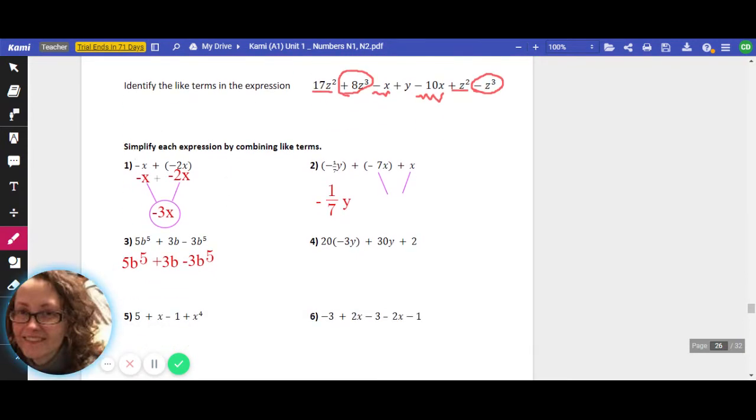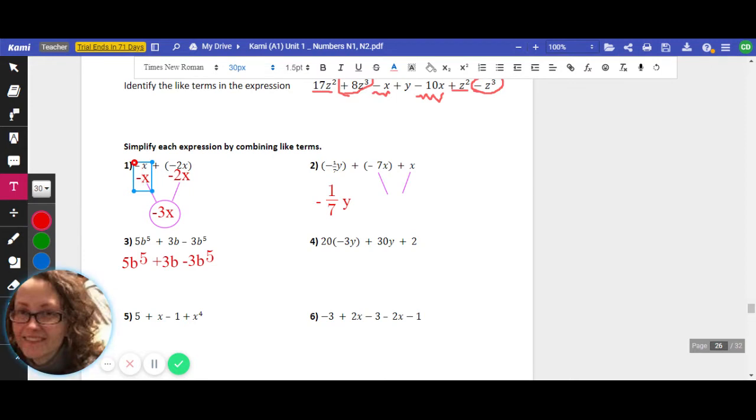So here I'm going to simplify the expression by combining like terms. Let me look at this term right here and this term right here. They have the same exact variable, same power, same letter, and everything. So I can combine these two. In order to combine that first negative x, though, I want to think of that as a -1x.